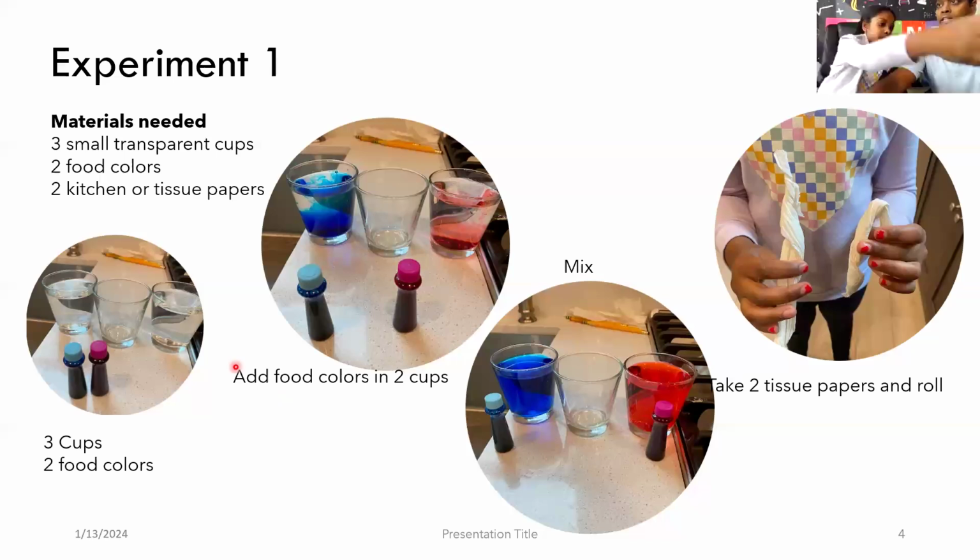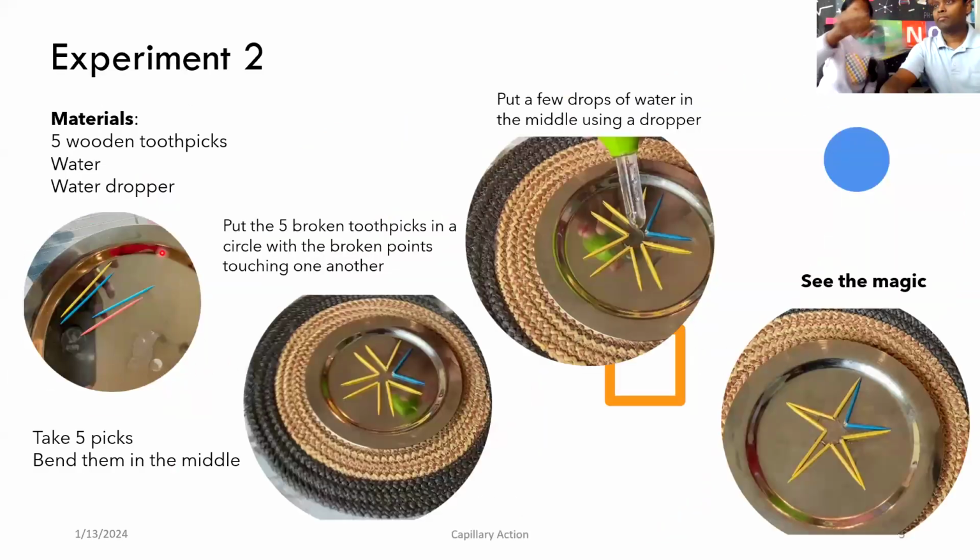Moving on to the second experiment, let me show what I want again with a screen share. For this second experiment, we need 5 toothpicks, a little bit of water and a water dropper. If you don't have a water dropper, just use a spoon or something to drop a bit of water.